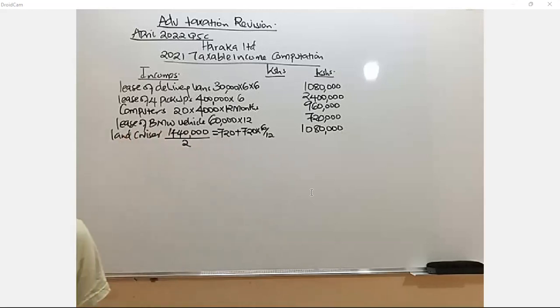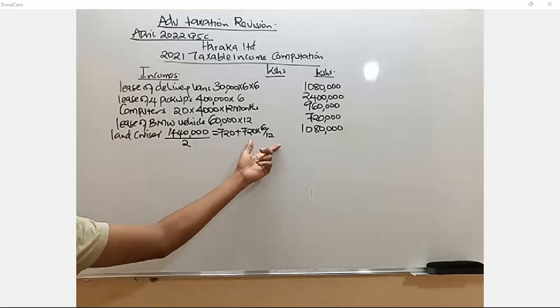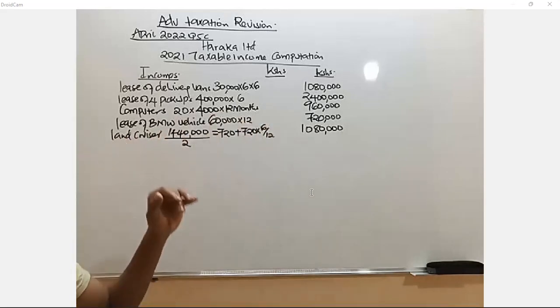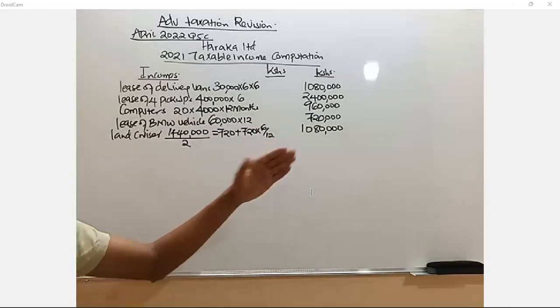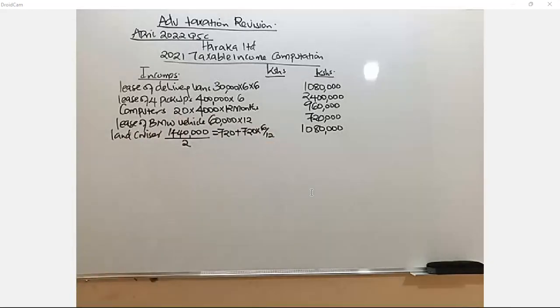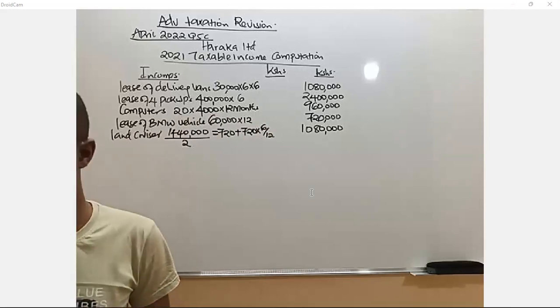For the second Land Cruiser, we are being told that the lease contract was cancelled on 30th June 2021 after Z Limited failed to pay these charges for 4 months in the year. So we are just going to factor in the amount which translates to 6 months. The other 6 months was terminated, so they will be forced to pay for only half a year.